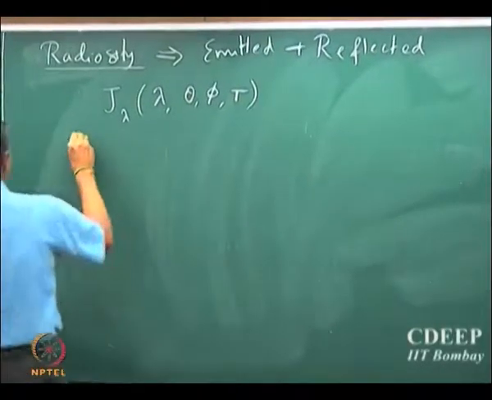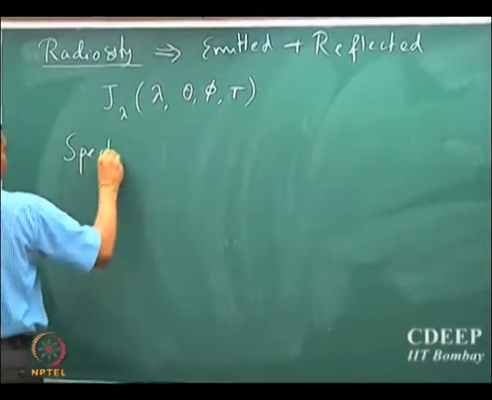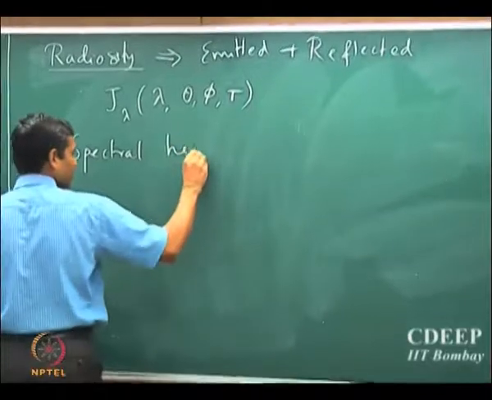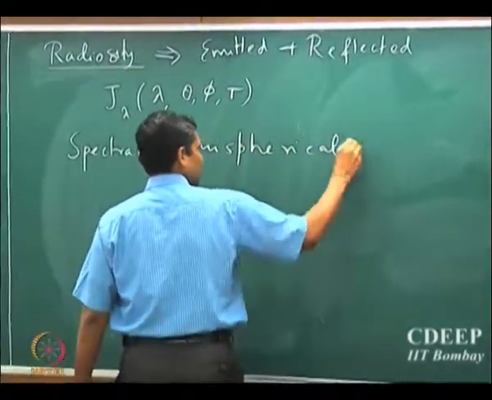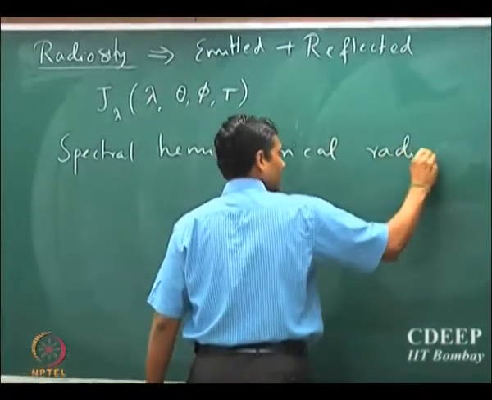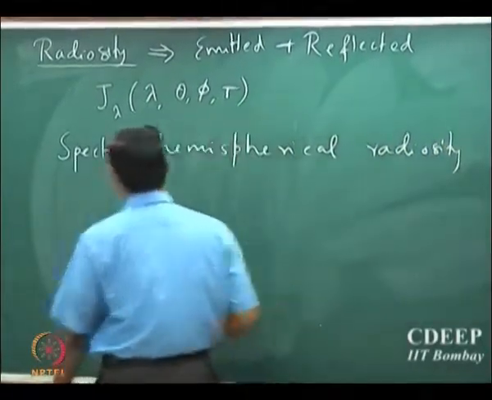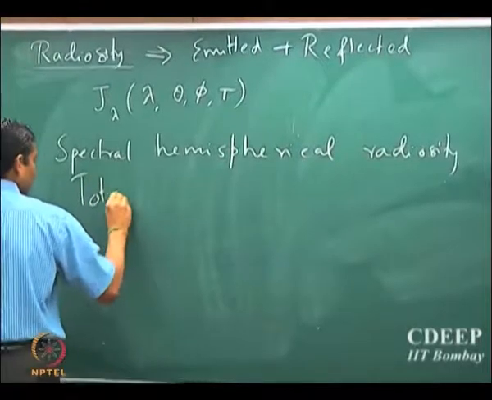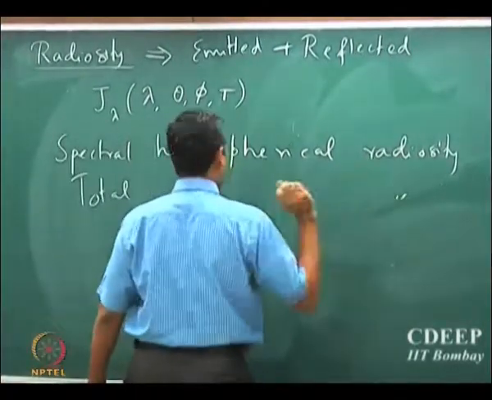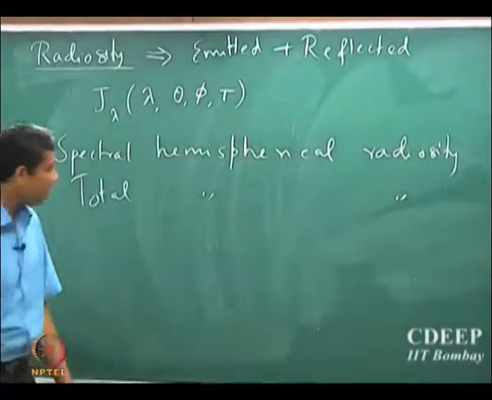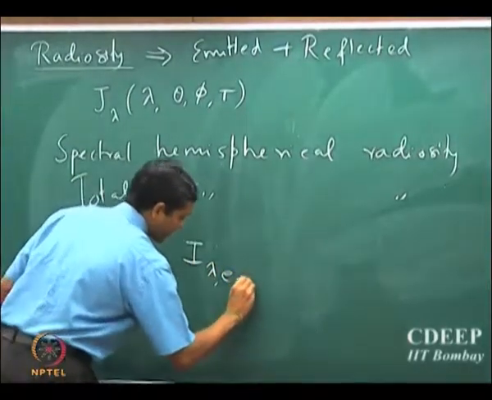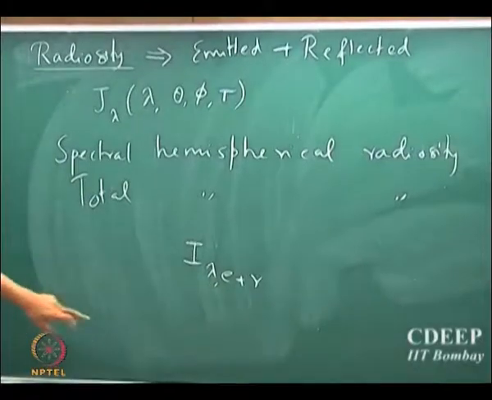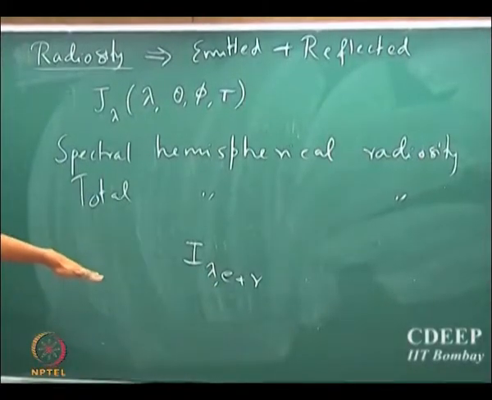Once again one could define quantities like spectral hemispherical radiosity and total hemispherical radiosity. The symbol for the intensity representation is E plus R. That's again the notation given in your text, and we will follow the same notation here.